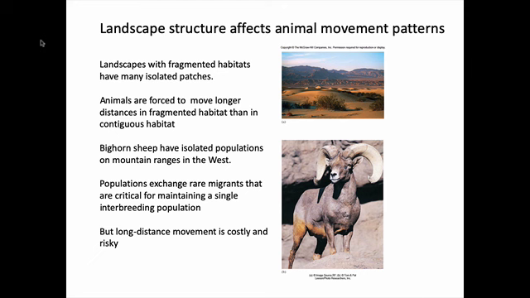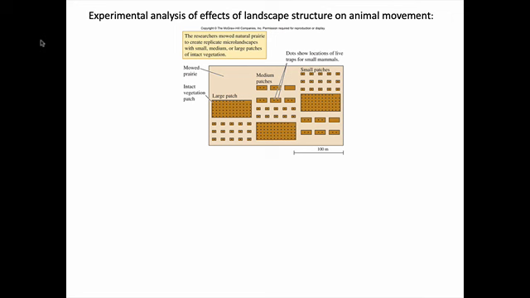If you have a series of small, chopped up patches, the number of individuals is going to be much smaller for a couple of reasons. They'll have to move more, they'll have to expend more energy, and they'll be chopped up into a bunch of isolated small populations that will have a higher rate of extinction. We can show this experimentally.